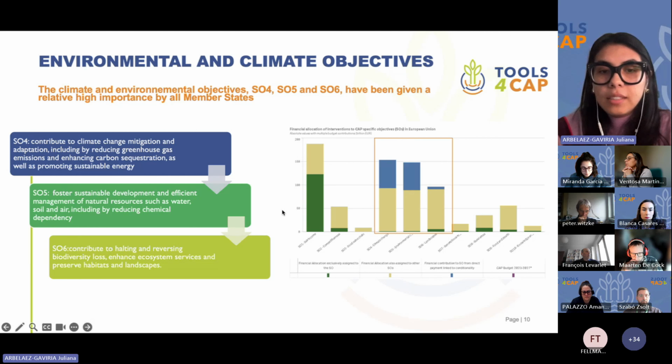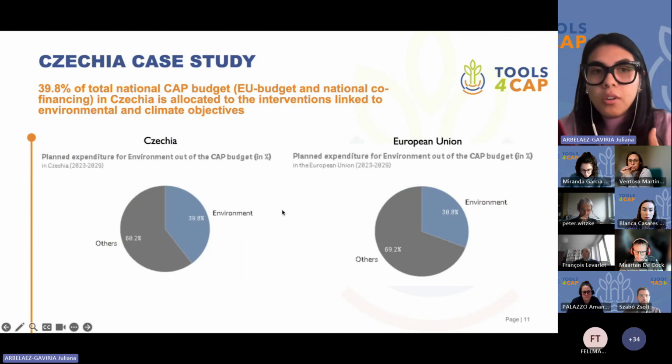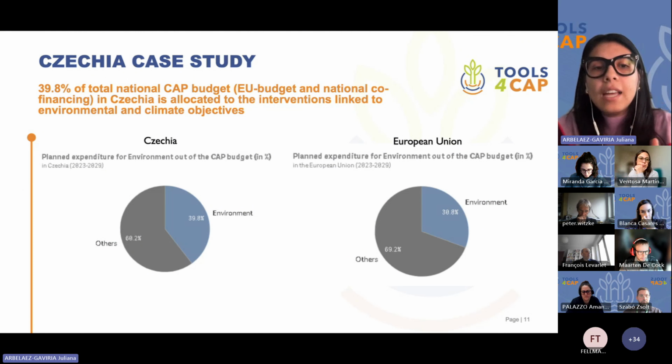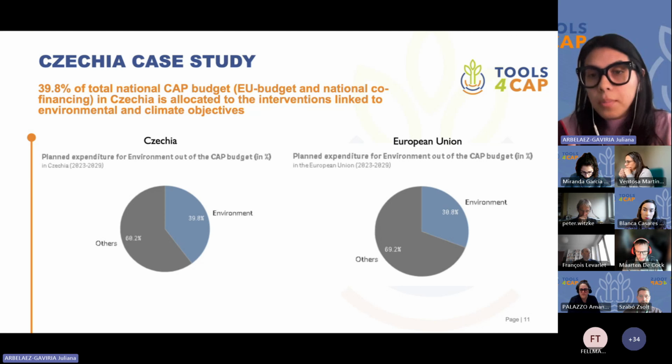When we dig deeper into the case of Czechia or the Czech Republic, we see that the Czech Republic is expected to allocate almost 40% of the CAP budget into interventions related to the environment. That's 10% more than what the European Union on average allocates to the environment.